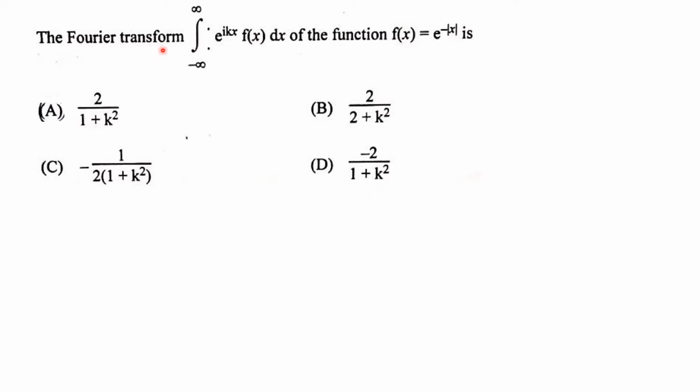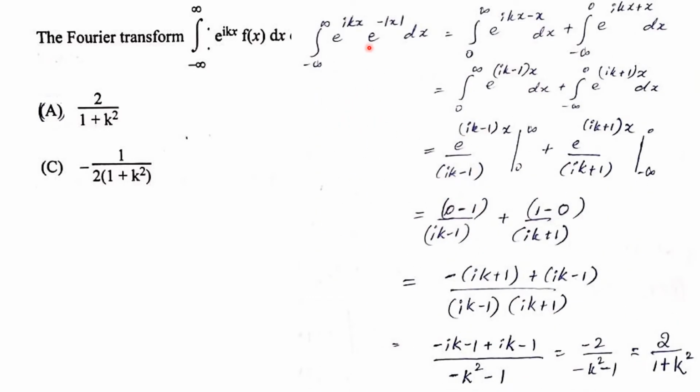The Fourier transform, integration minus infinity to infinity e raised to ikx f of x dx, of the function f of x equal to e raised to minus mod x is. Here function is e raised to minus mod x. You just solve this one and find out the value. e raised to ikx e raised to minus mod x dx.